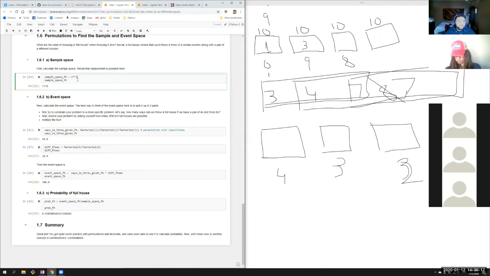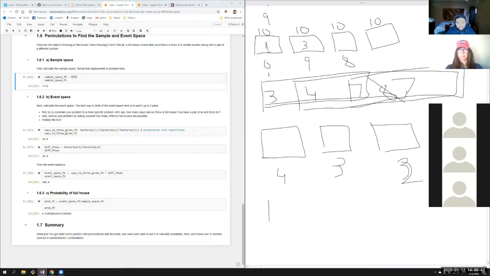So, any ideas on why the sample space is calculated in that way? It's 6 sides of a dice, and that can happen 5 times, so 6 raised to the 5th. Yep, that's how I interpreted it. Each dice is independent from each other dice, right?